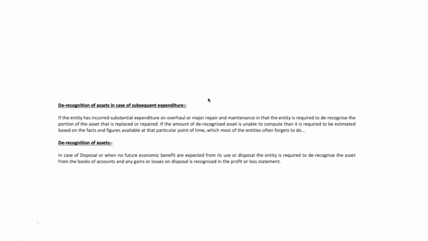Let's understand the derecognition principles relating to property, plant, and equipment. Just a recap of what we discussed in the last video: if the entity incurred any kind of substantial expenditures on any major overhaul or repair and maintenance that we capitalized, then in such a case the entity is required to derecognize the portion of the asset that is replaced or repaired.